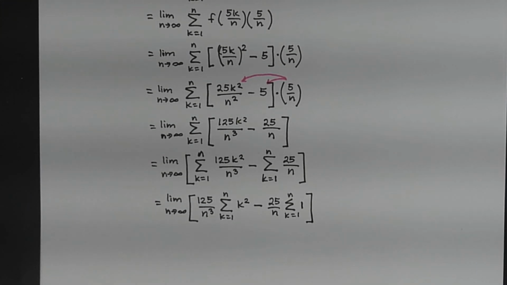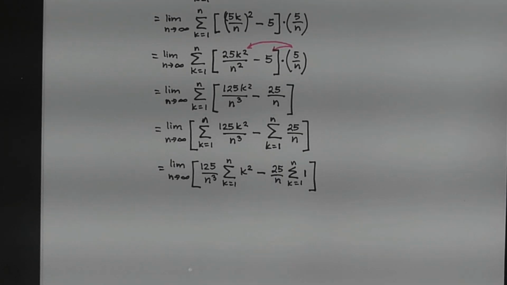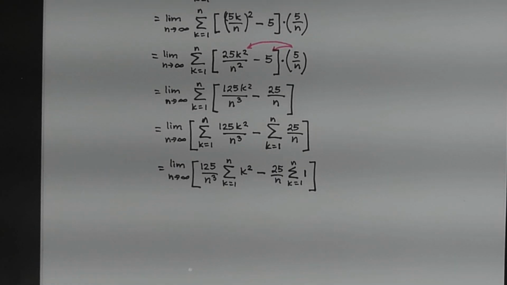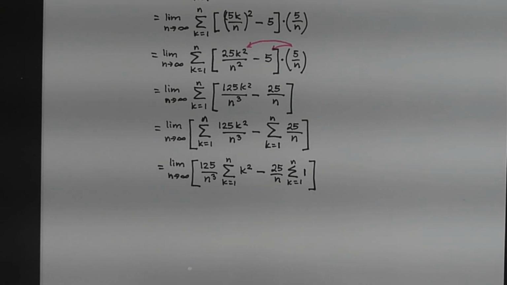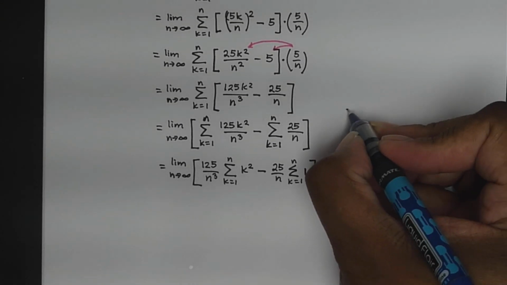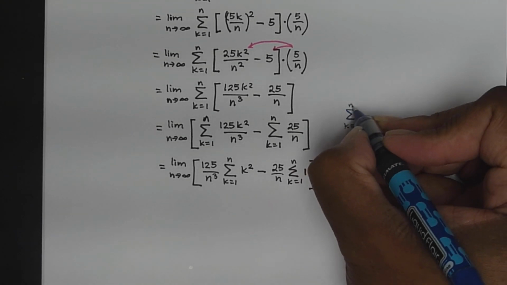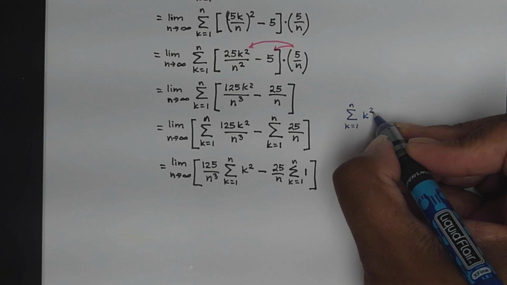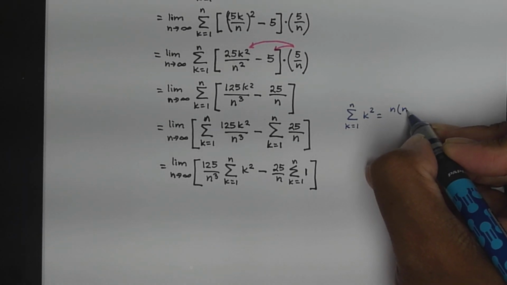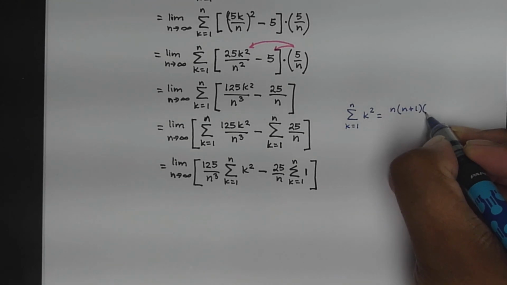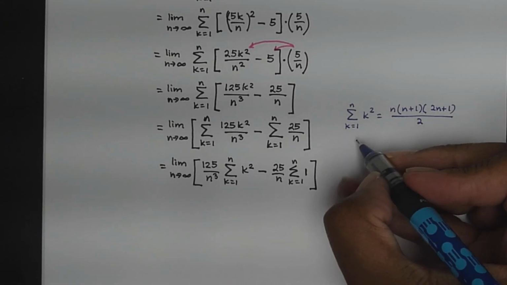Now I'm going to use those rules from section 5.1 that deal with the summation of powers. If you have the summation from k equaling 1 to n of k squared, that would be n times n plus 1 times the quantity 2n plus 1, all over 6.